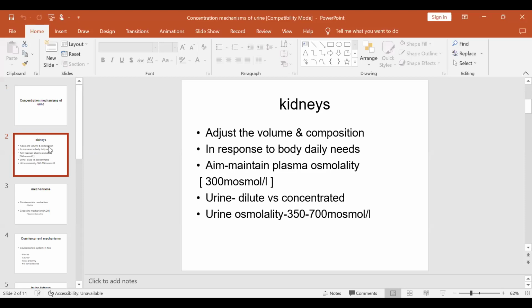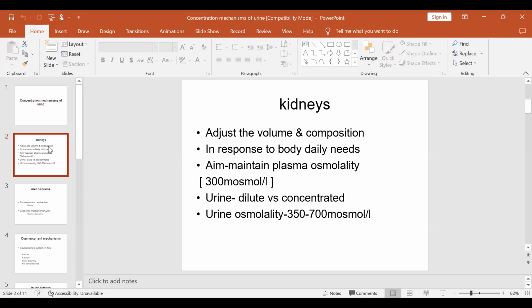Everything in this slide is known to you. It's nothing new. The only thing we have been talking about since we started was that the kidney adjusts the volume and composition of both intracellular and extracellular compartments of the body.